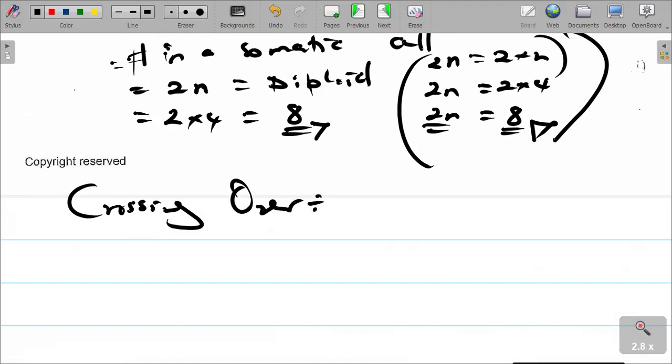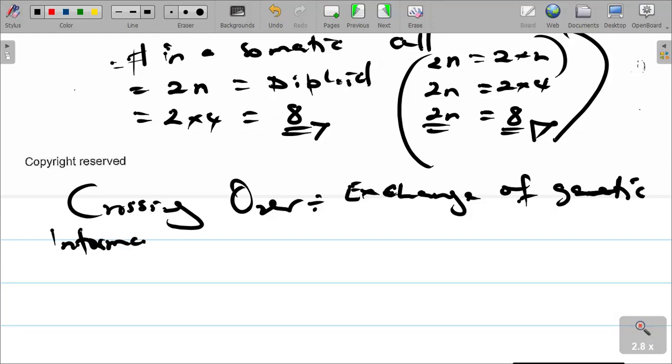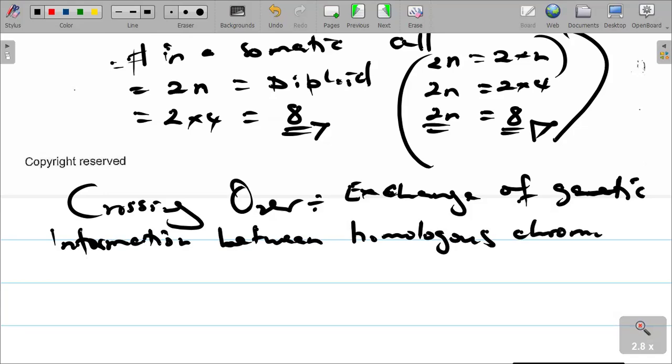Crossing over is the exchange of genetic information between homologous chromosomes, which occurs during prophase 1.